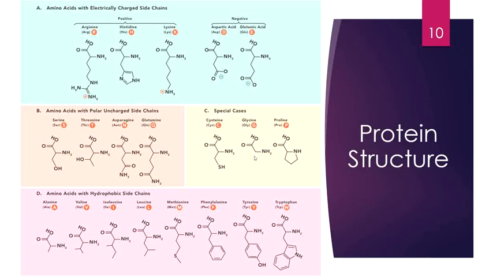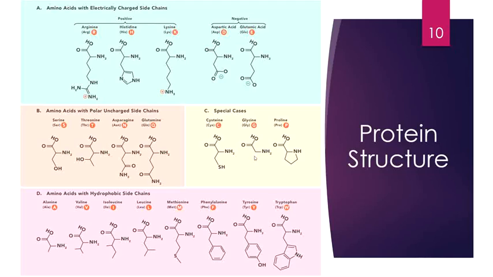And as a result, it fails to participate in hydrogen bond formation. Okay. So these particular chemical and physical characteristics of amino acids are actually utilized in protein structure formation or protein structure modeling.